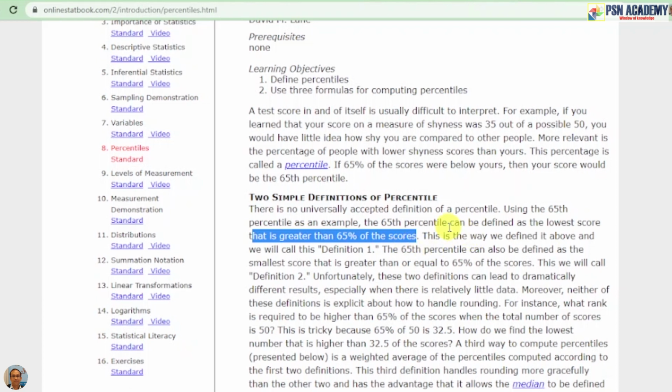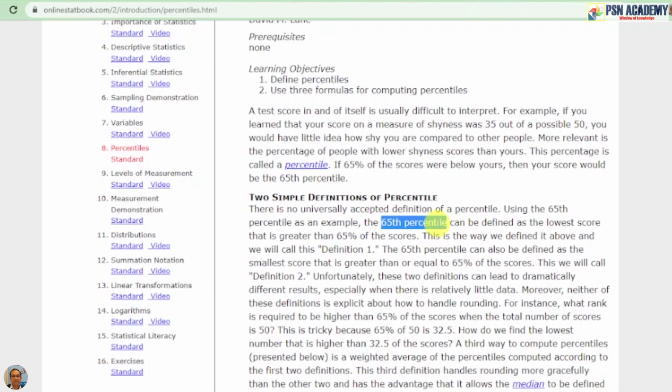What is a 65th percentile? It is the lowest score that is greater than 65% of the scores. That means all the 65% of the scores are below this score we are talking about, a number which is standing at the 65th percentile.